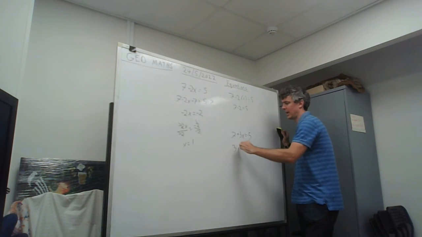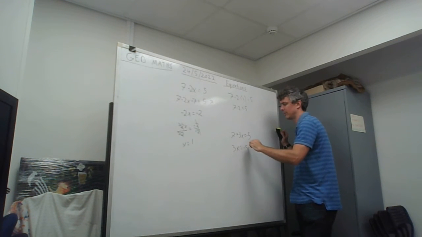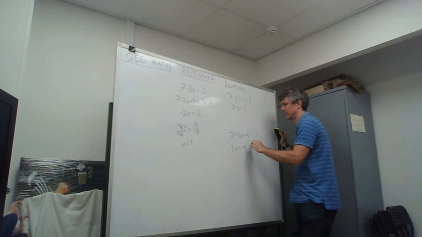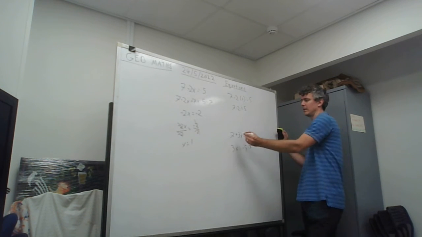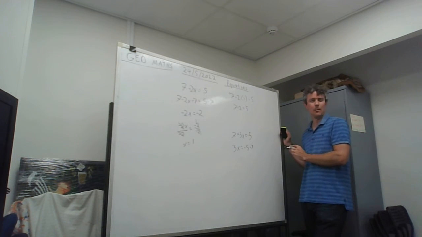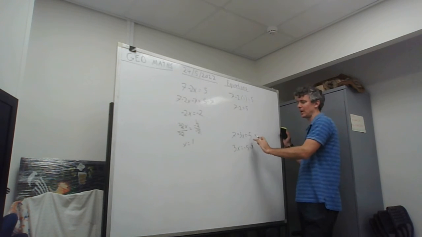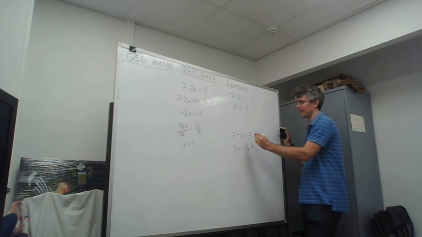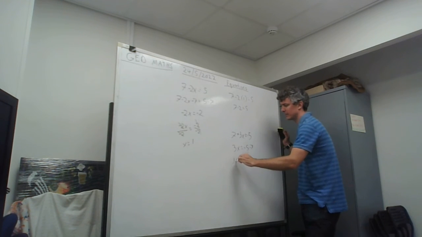So it becomes 3x equals negative 5 minus 7. Okay? I subtract the 7. I often see it as moving it to this side and changing the sign, but you have to keep in mind what you're actually doing is subtracting from both sides. So now we have 3x equals negative 12.